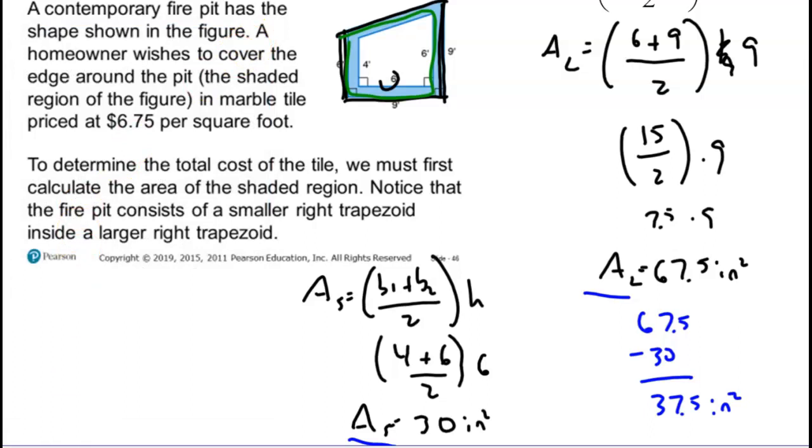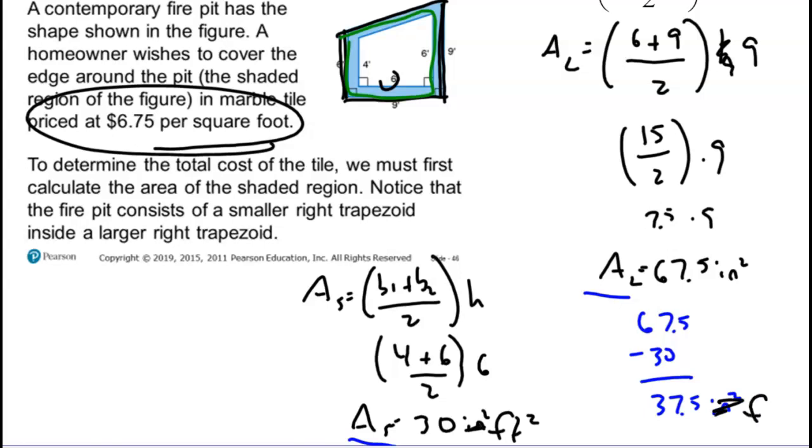And so remember that the problem is looking at finding the cost, it's per square foot for this unit. And by the way, looking back at that, these units are feet squared, not inches squared, which we could have worked out, but it's a lot easier since the units match.